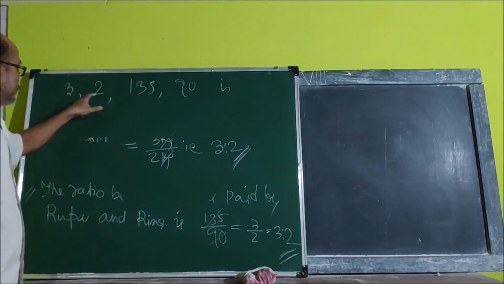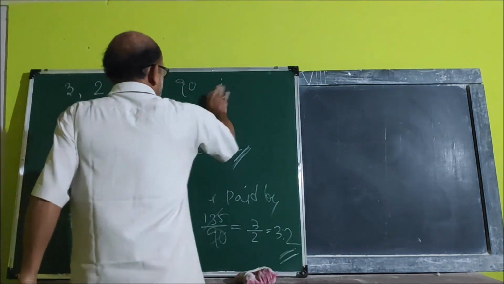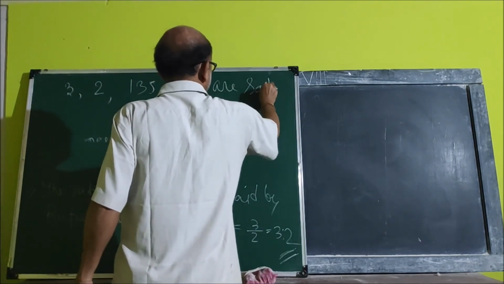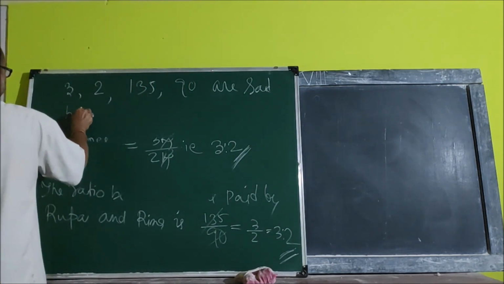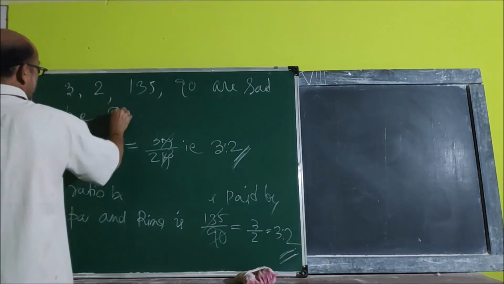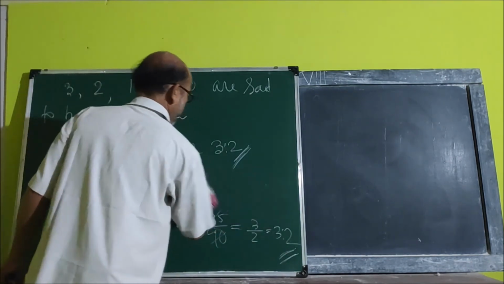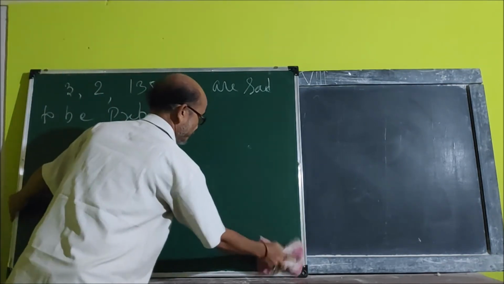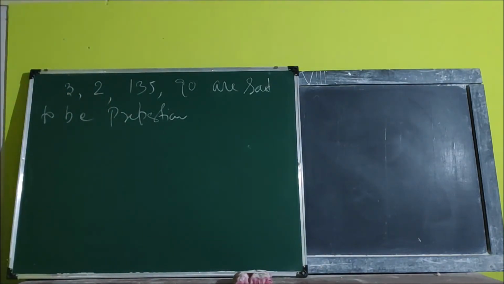Then 3, 2, 135, 90 are said to be in proportion.